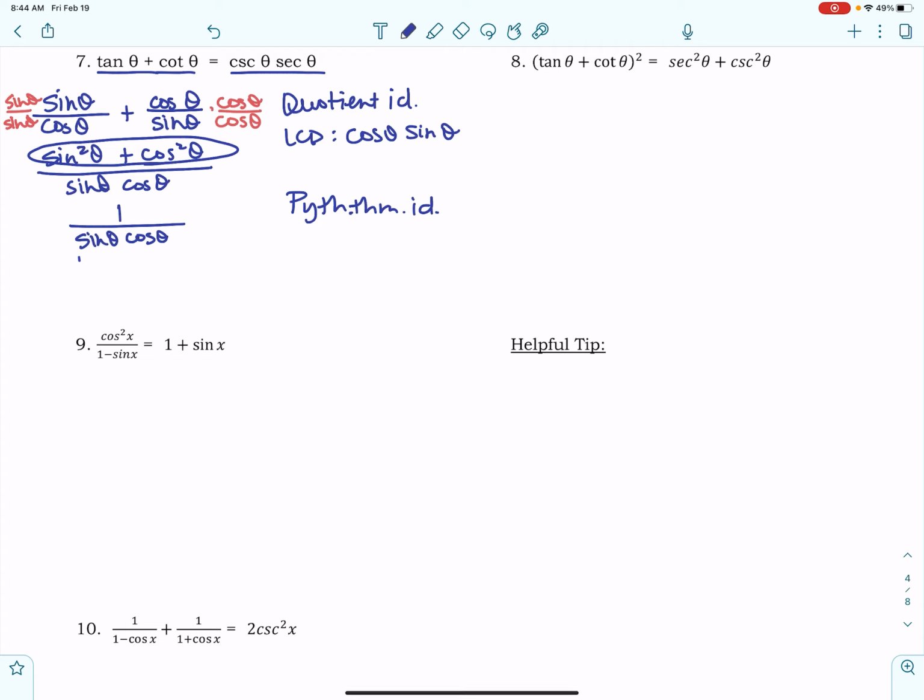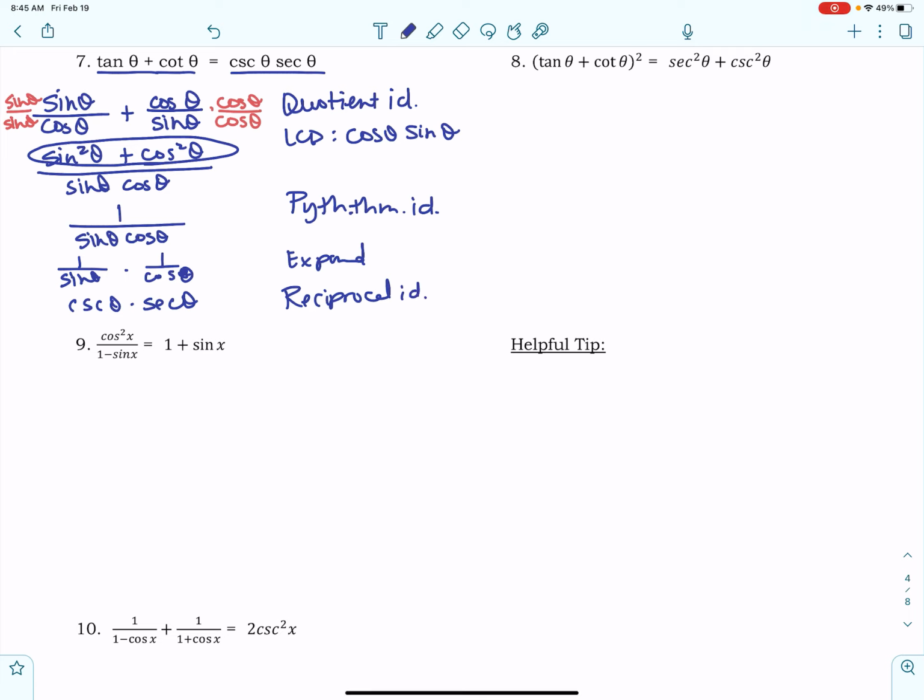And then if I break this apart, I have this. That's just an expansion. And then 1 over sine is actually cosecant theta. And 1 over cosine is secant theta. And we are exactly where we need to be. And of course, the reciprocal identity allows me to do that.